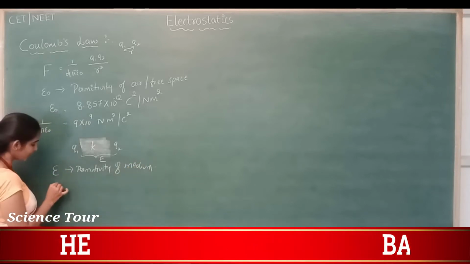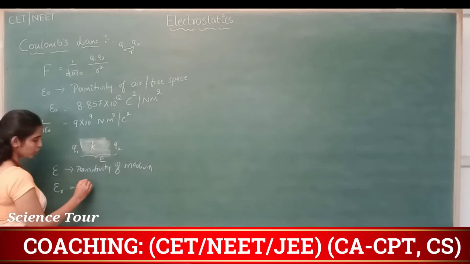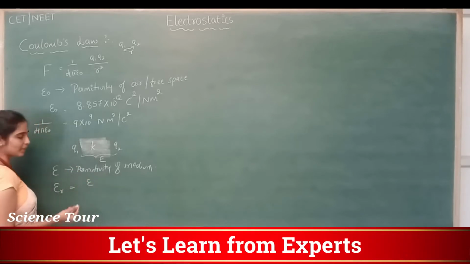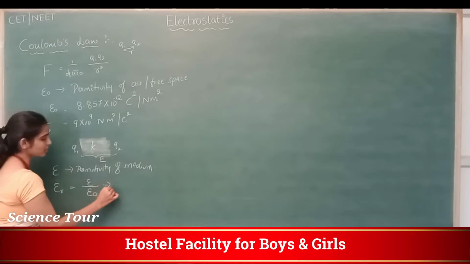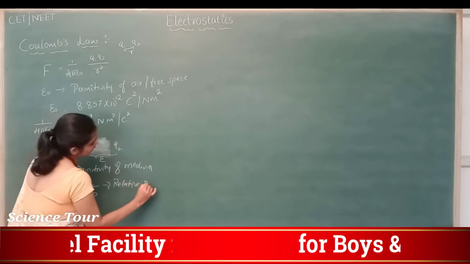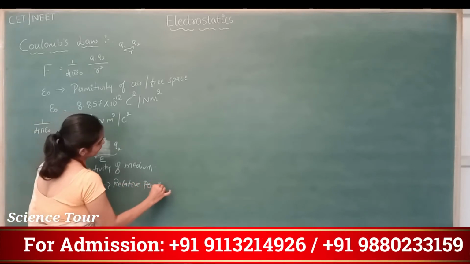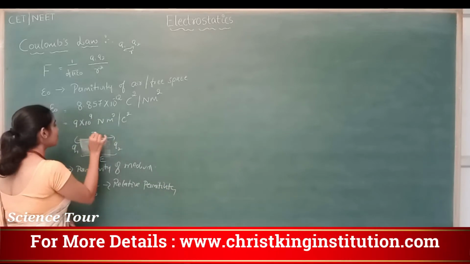Then there is a quantity called relative permittivity, which is equal to the permittivity of the medium divided by the permittivity of free space. The distance of separation between them is the same.